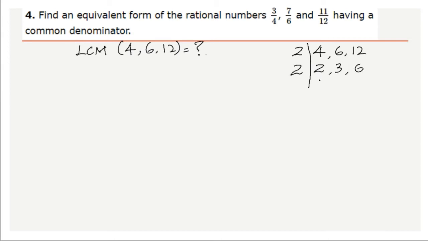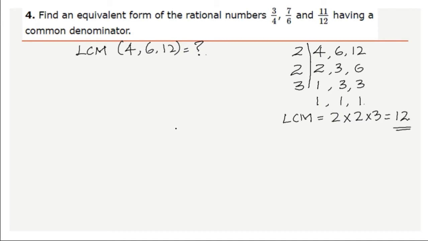Further, 2 ones are 2, 3 written as such, 2 sixes are 12. Then divide by 3. So here the least common multiple is 2 multiplied by 2 multiplied by 3, which is 12.